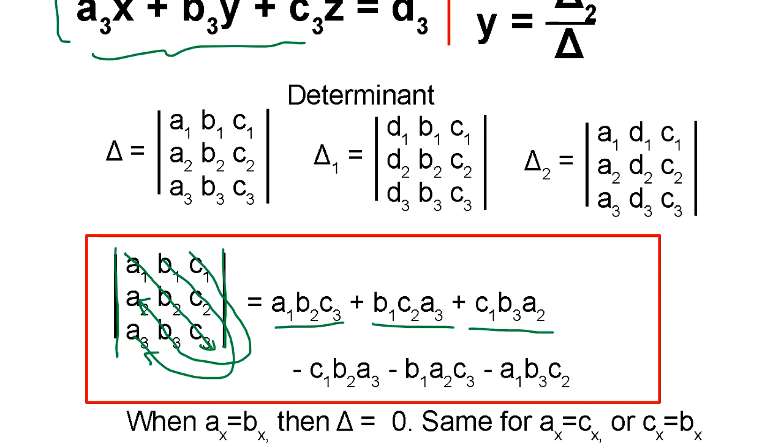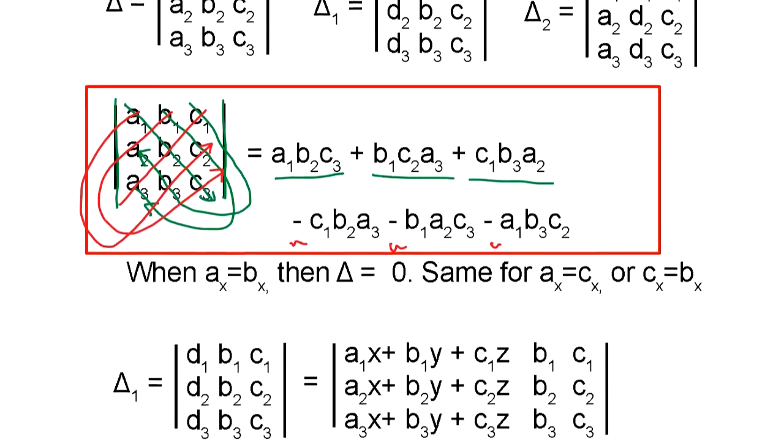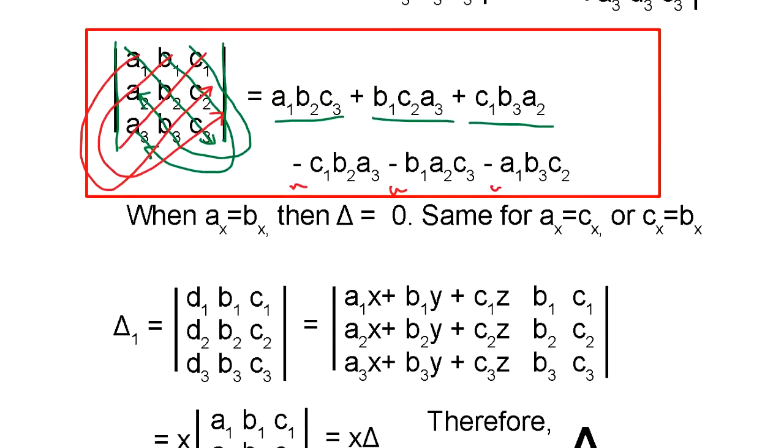Now the negative side goes this way: c1, b2, a3, and b1, a2, c3, and a1, b3, c2. So that's the method to calculate a 3 by 3 determinant.